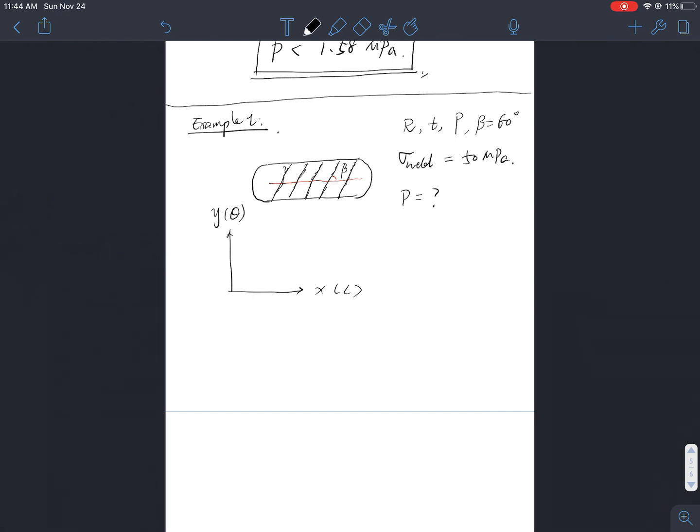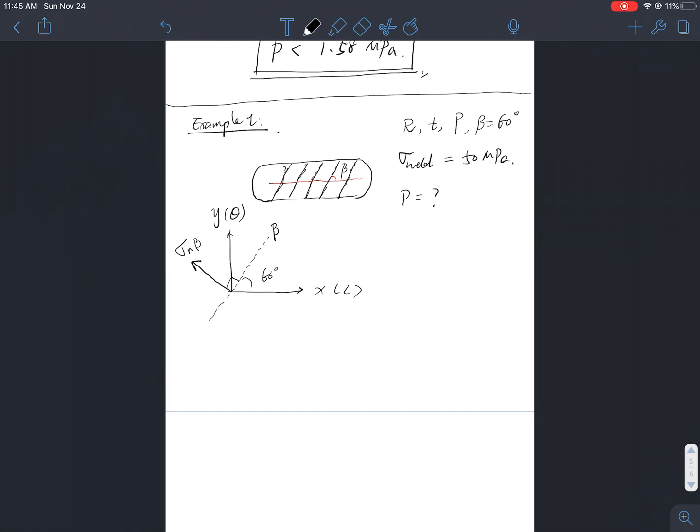So this is to ask you, if this is a beta plane, what will be the normal stress on this plane? If this is the case, I'm going to draw a perpendicular line here with respect to the beta line.